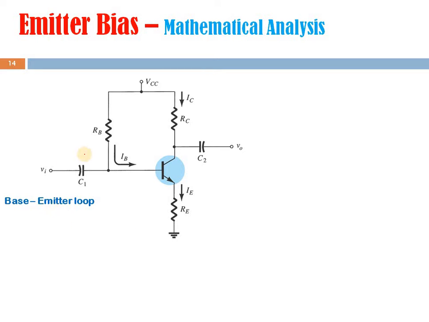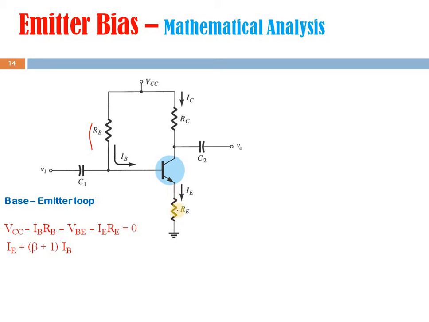So first see this input side, so this base emitter loop. If we apply Kirchhoff's voltage law here, this VCC minus the voltage drop across this part minus this VBE, right? And then the voltage drop across this is IE into RE, and net voltage is 0. And you know this IE is actually (beta plus 1) IB, right?